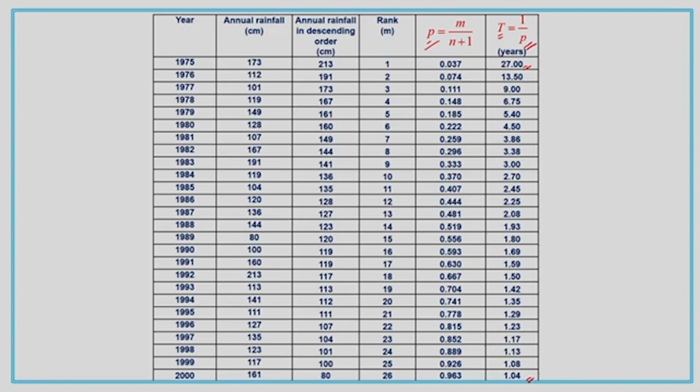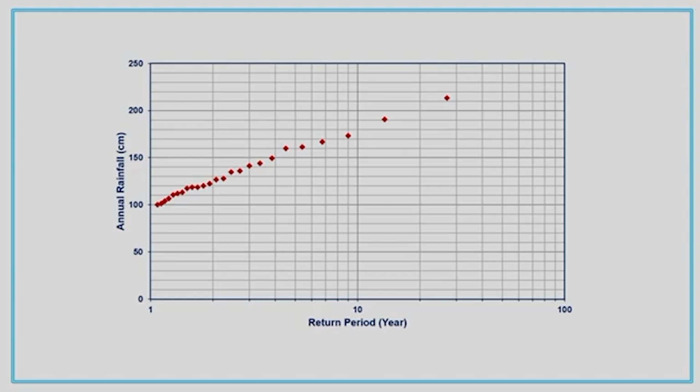This probability assigned to each and every data point is termed as probability plotting or the plotting position. So, now we can draw the graph corresponding to the annual rainfall along the y-axis and the return period along the x-axis. So, the graph is made in a semi-log paper, that is the return period is taken in a log scale and annual rainfall in centimeter is marked on the y-axis.